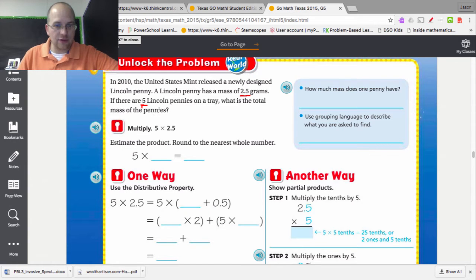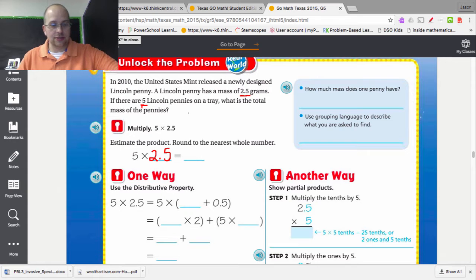And when we have situations like this, word problems, the first thing we need to do is figure out what the question's asking us. So we have grouping language that's telling us we're going to group 2.5 or 2 and 5/10 5 times. So our problem is 5 times 2 and 5/10.